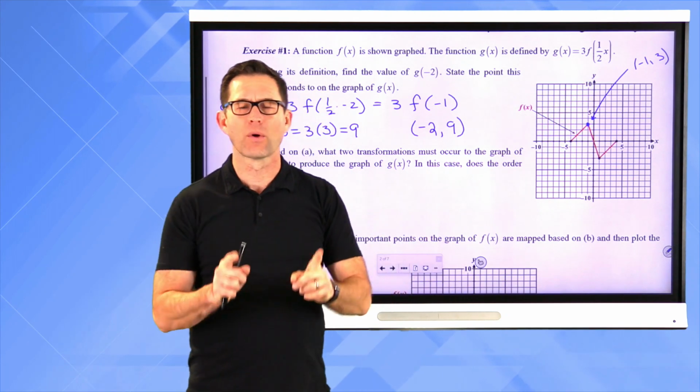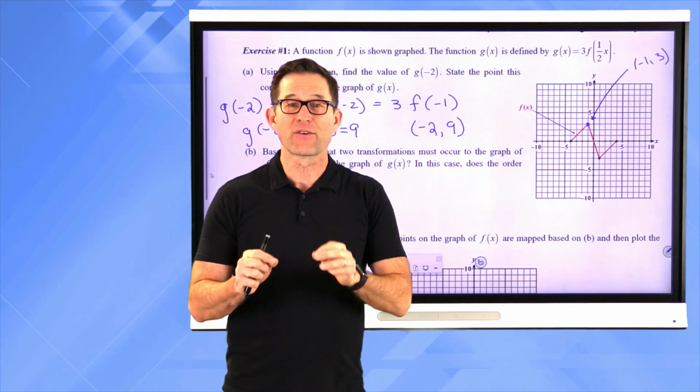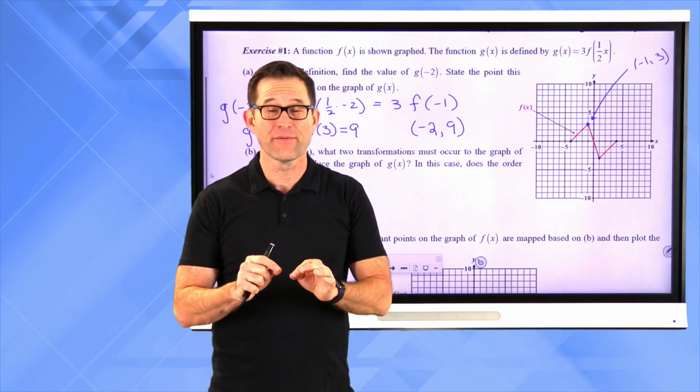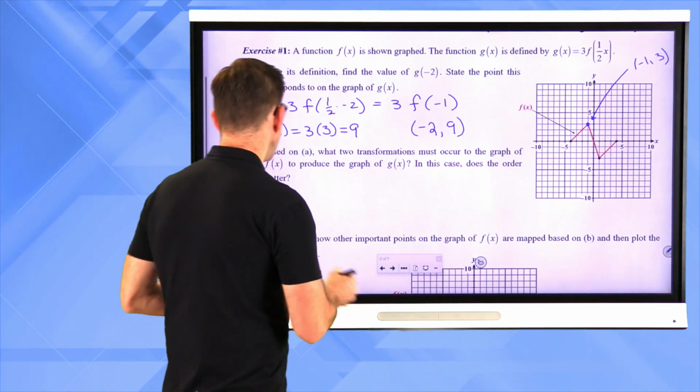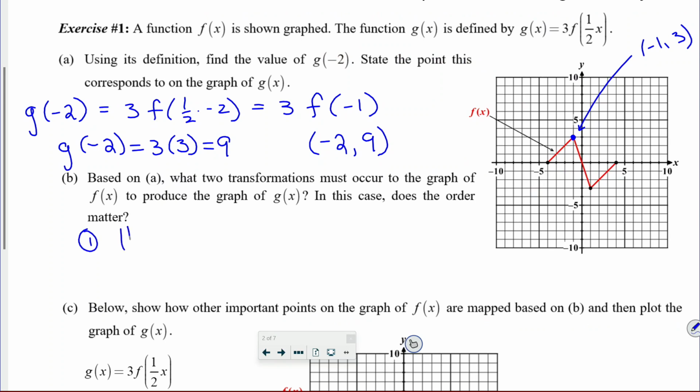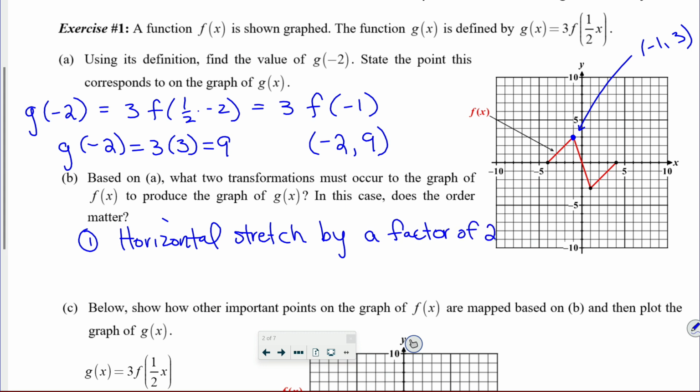Now that is a horizontal stretch by a factor of 1 over 1/2, or a horizontal stretch by a factor of 2, right? So we're getting a horizontal stretch by a factor of 2.